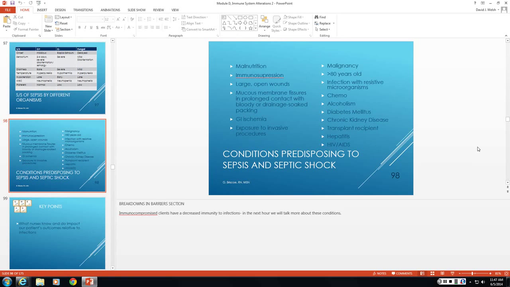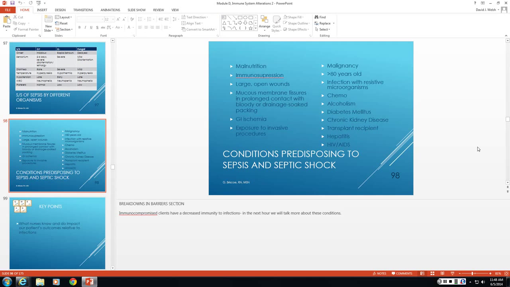So, conditions predisposing a person to sepsis or septic shock. Usually it's a breakdown in barriers. Immunocompromised patients have decreased immunity to infections. So let's look at some of these conditions: malnutrition, immunosuppression, patients with large open wounds, mucous membranes with fissures in prolonged contact with bloody or drainage-soaked packing, GI ischemia, exposure to invasive procedures.